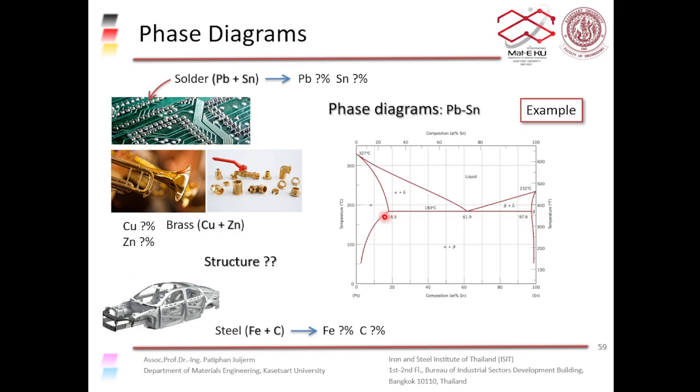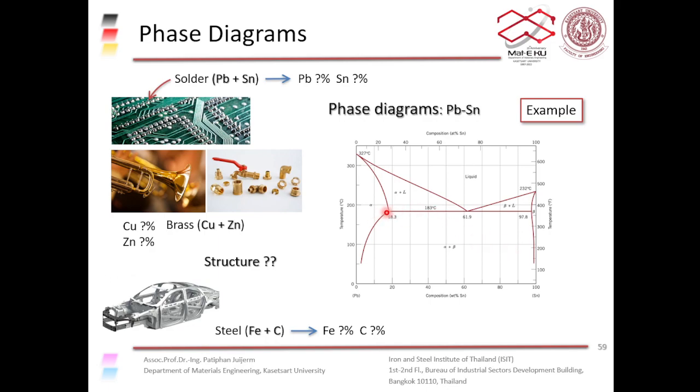This is how much tin you can dissolve in lead to get just the alpha phase, right? So this line here represents the solid solubility limit, or the limits of solubility of tin in lead.